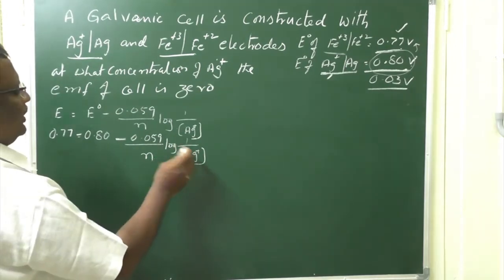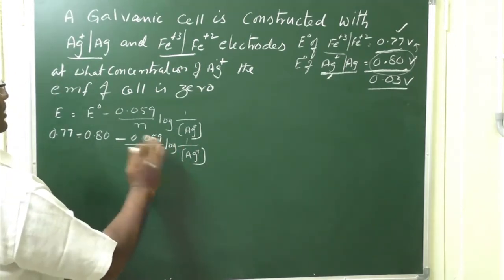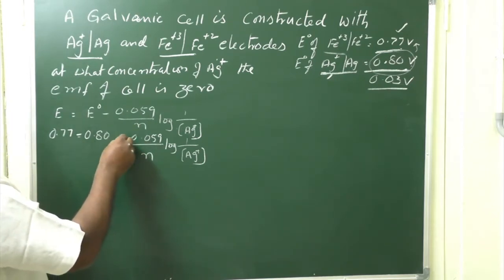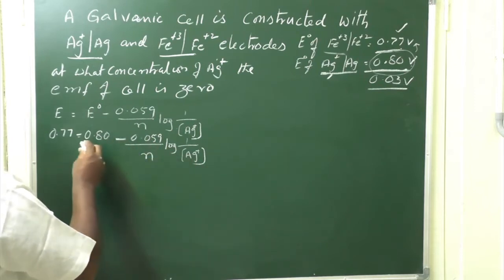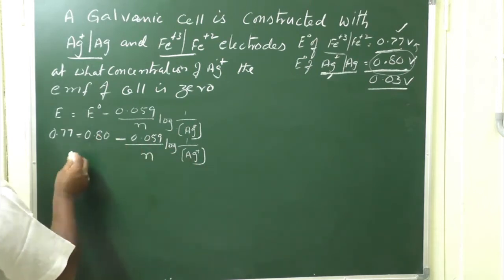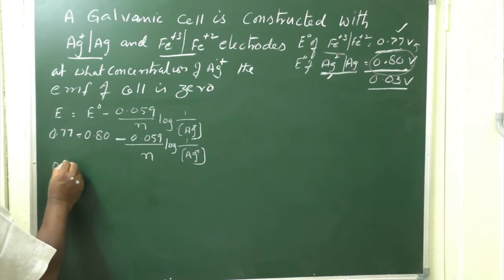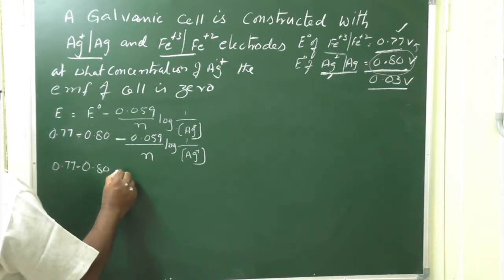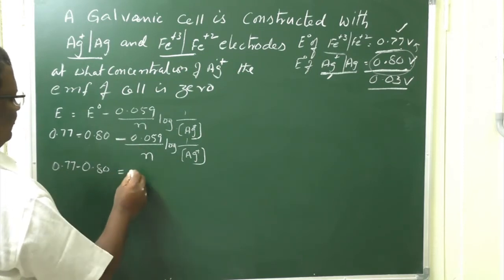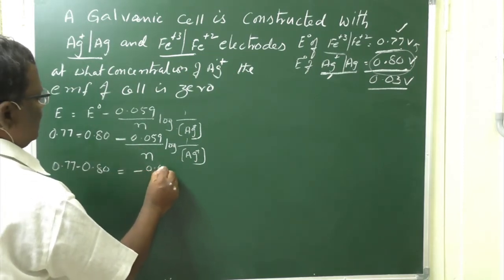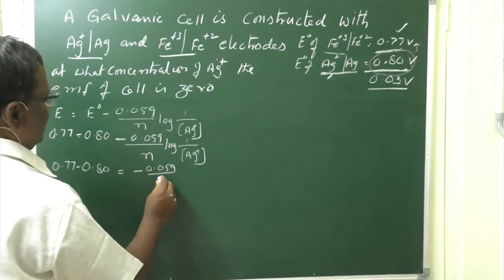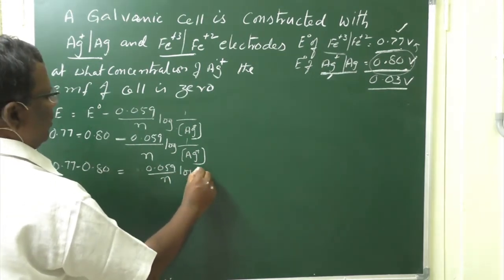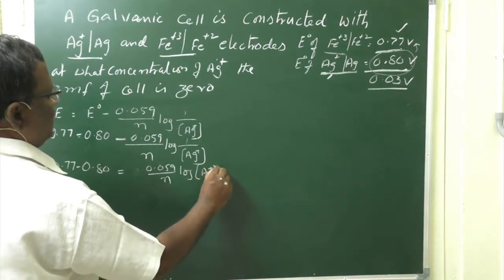To remove the negative sign, we can write it like this: 0.77 minus 0.80 is equal to plus 0.059 by n log concentration of Ag plus.